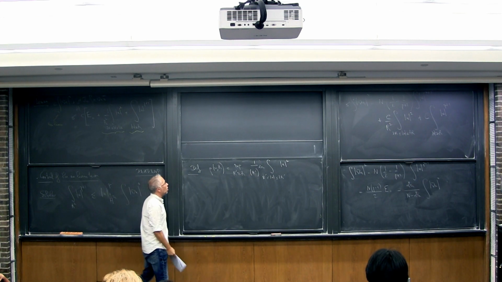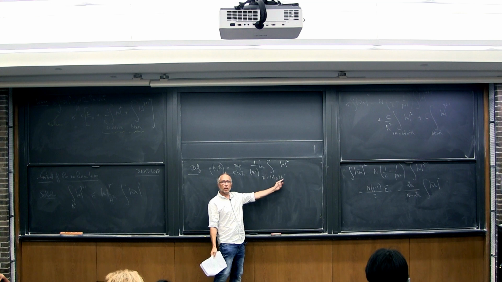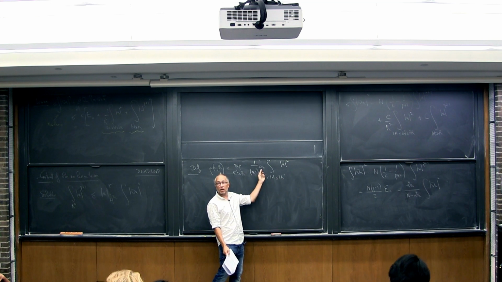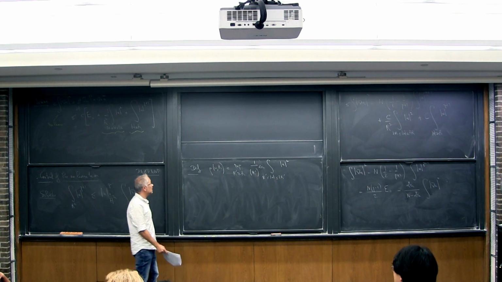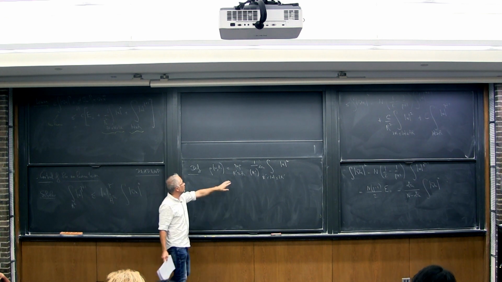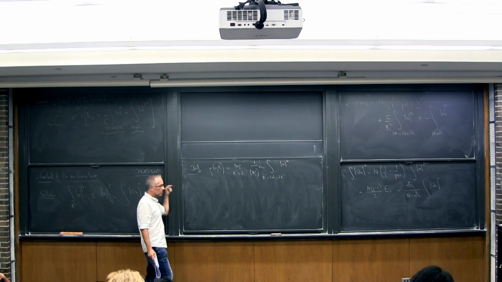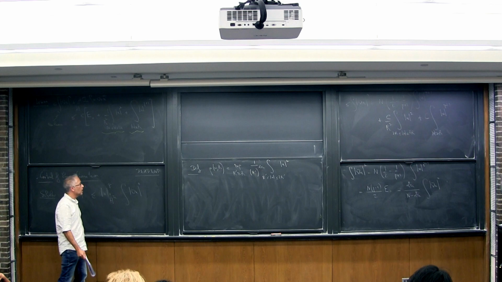So I just take my L2 norm on annuli, and I weight this by the correct factor so that it's scale invariant, and I take the sup for R prime bigger than R. So in particular, this is a decreasing function of R.